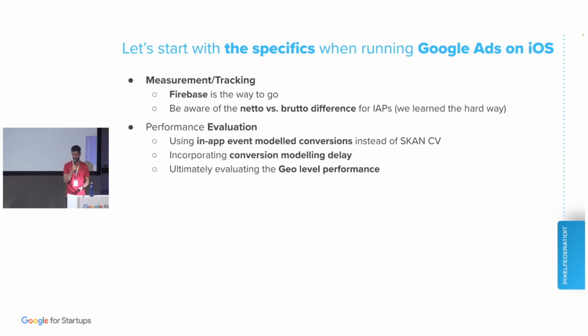What actually was happening to us is that the modeled conversions tend to be a little bit higher than we would expect. Of course, incorporating the net versus brutto difference, but they tend to be slightly higher, and they don't always make sense when you are running multiple networks per one geo on a project.